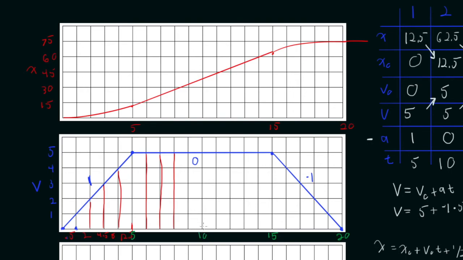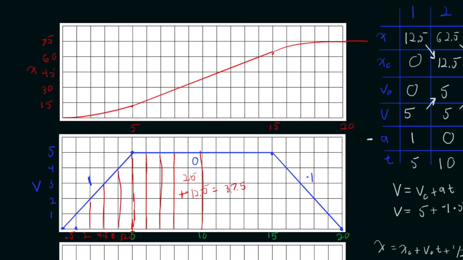At 10 seconds, I could say, hey, I've got the area of this triangle plus the area of this square. That's 5 times 5, which is 25, plus the area under this triangle, which is 5 times 5 divided by 2, which is 12.5.